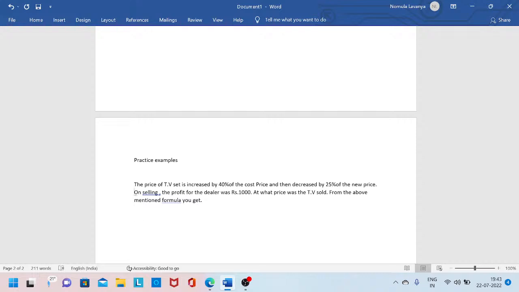Let's see. Final difference percentage equals 40 for the cost price minus 25 for the new price, and then 40 into 25 by 100, equals 5%.